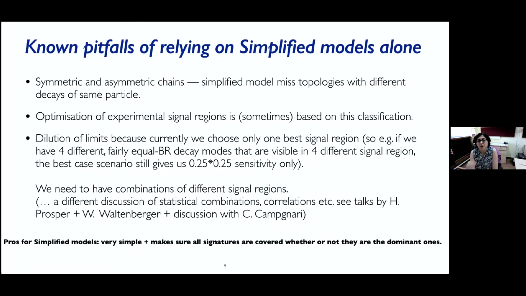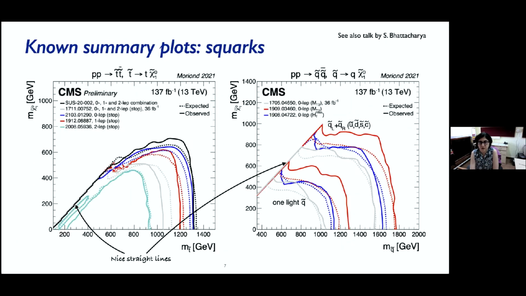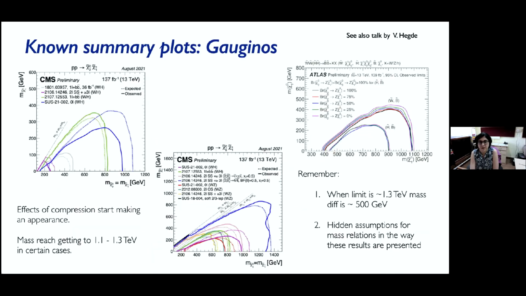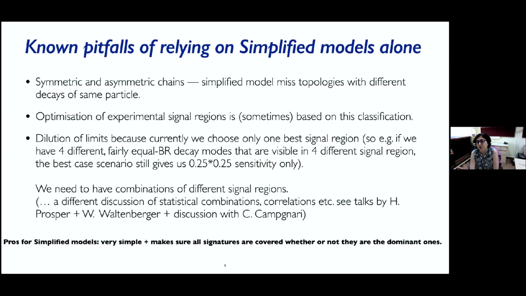Okay. So we've been talking about these simplified models and looking at plots in this simplified model picture. Let me remind you also of the known pitfalls of relying on the simplified models. First of all, in all of these cases, you can see that 100% branching ratio only into one particular final state was assumed, right? In our parity conserving SUSY, we always produce 2 SUSY particles at a time.